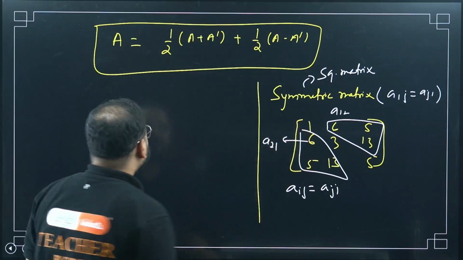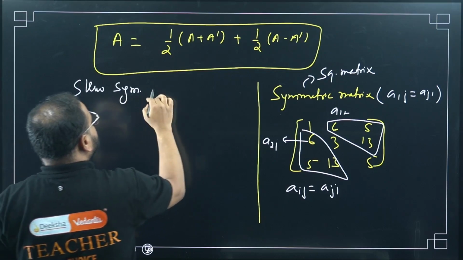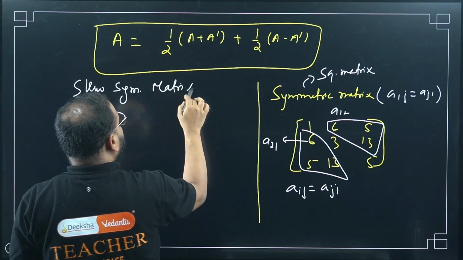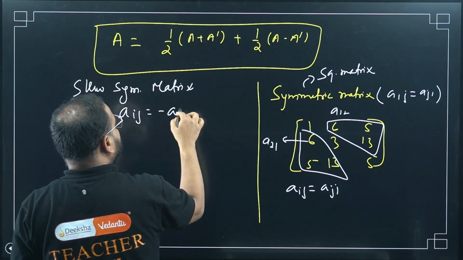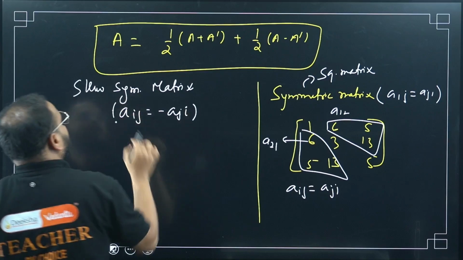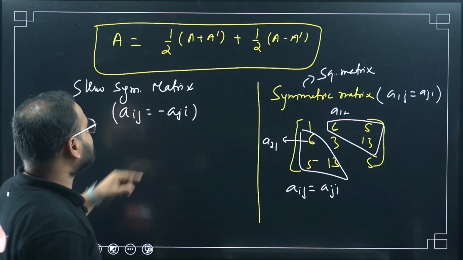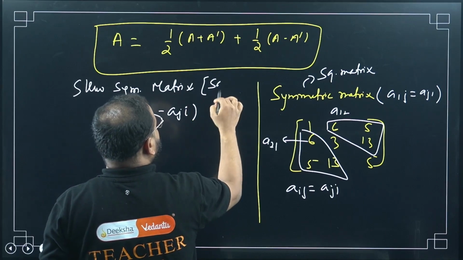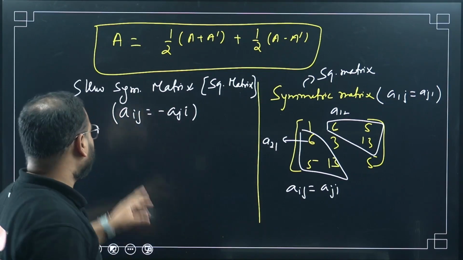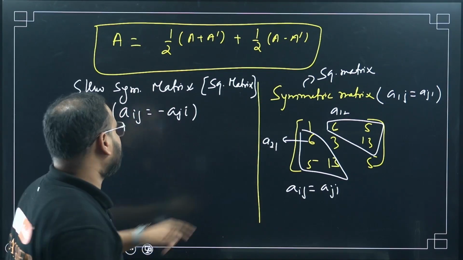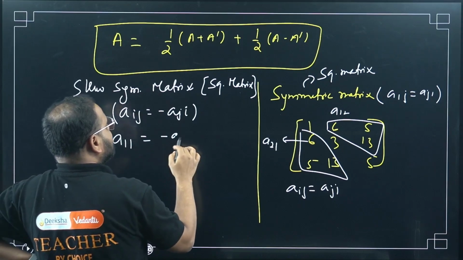What about a skew-symmetric matrix? For this, what should happen? The condition is Aij should be equal to minus Aji. Again, this is only for square matrices. If you see the diagonal elements, A11 will be equal to minus A11. Why?